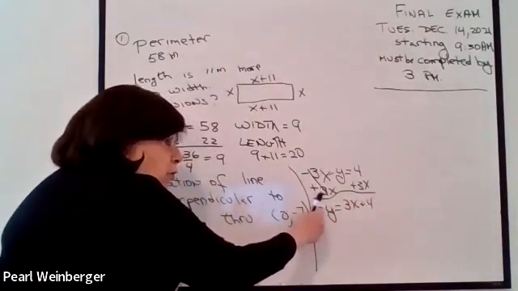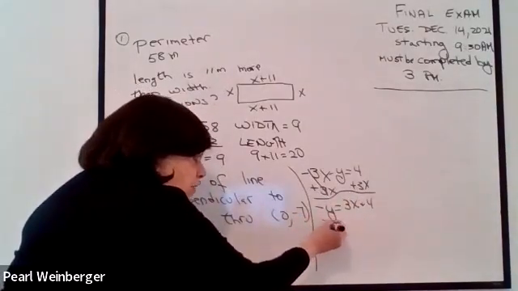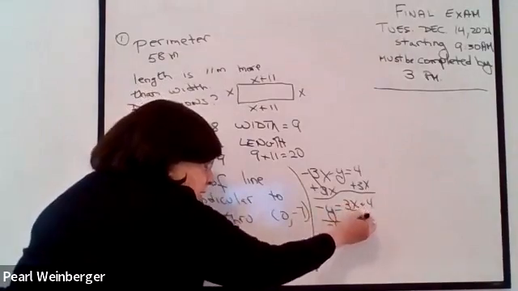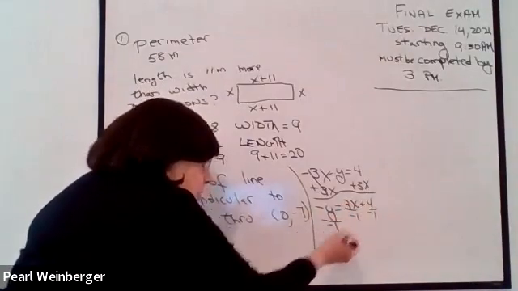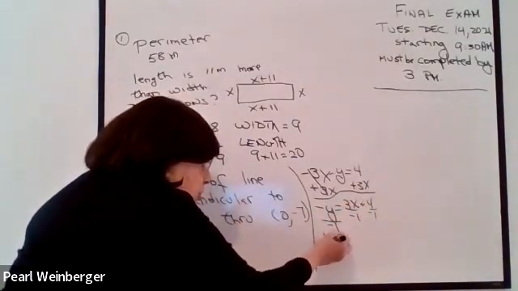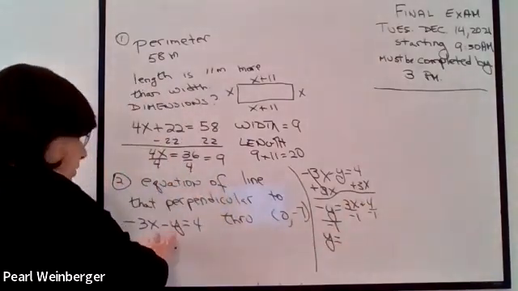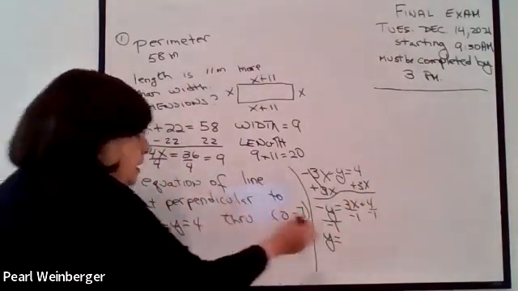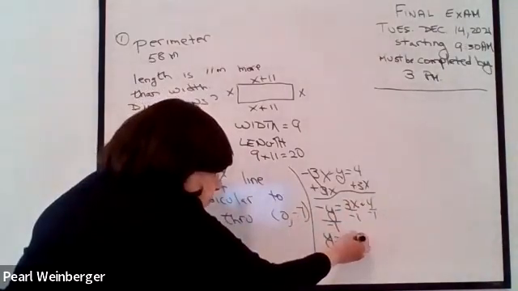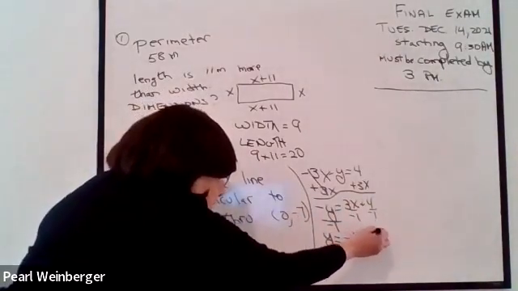And since I don't want to know what negative y is, I want to know what y is, I'm going to divide everything by negative 1. So in slope intercept form, the original line that we had is y equals negative 3x minus 4.